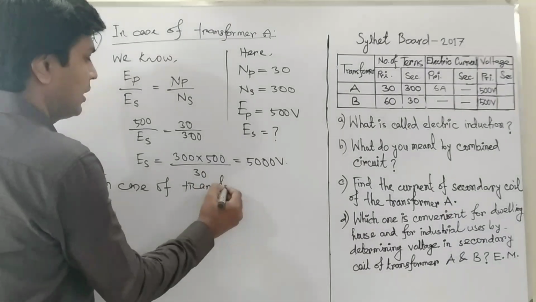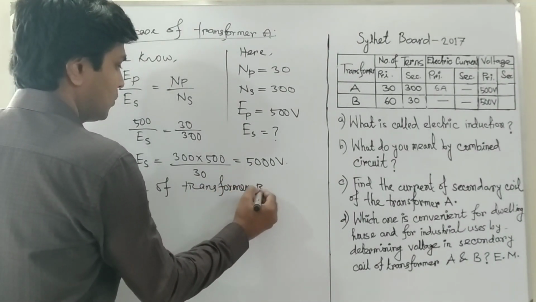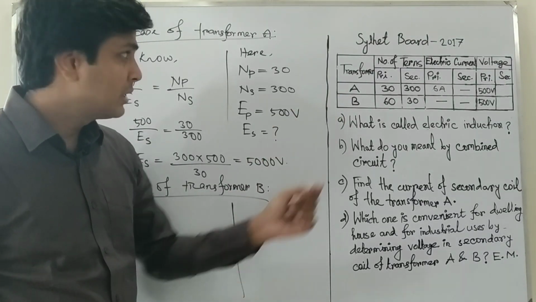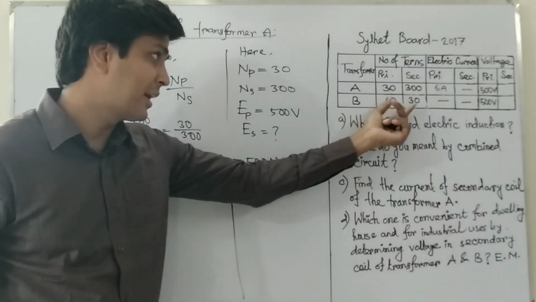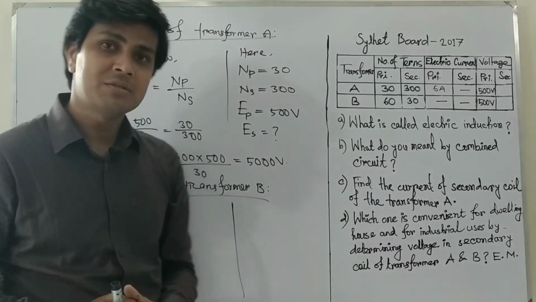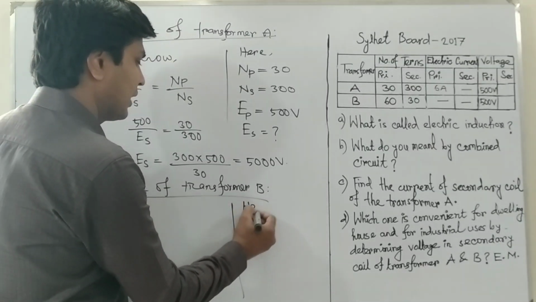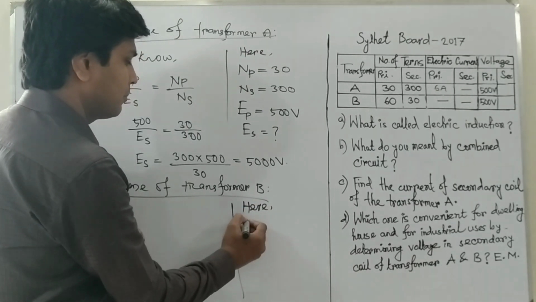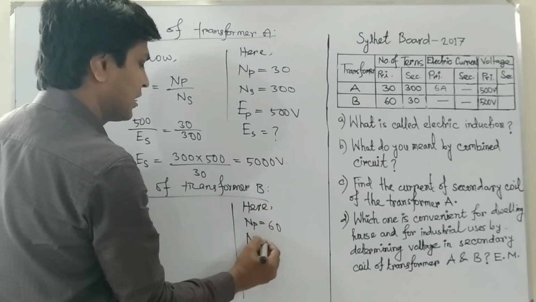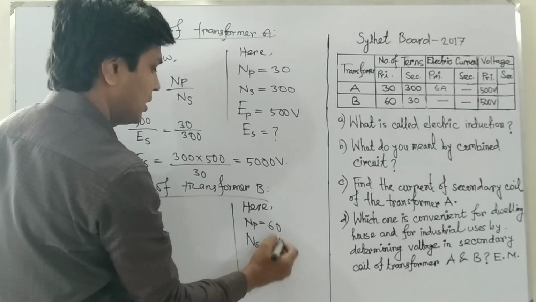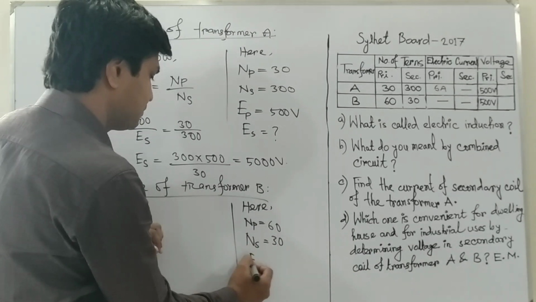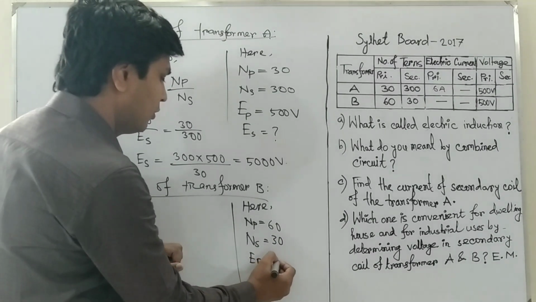In case of transformer B, see the given quantity for transformer B. Here you can see the number of turns of primary coil and secondary coil is also given, and voltage is also given. So we have to calculate the voltage of secondary coil ES. Here NP is given 60, the number of turns of secondary coil is given 30, and the voltage of primary coil is given 500 volt.